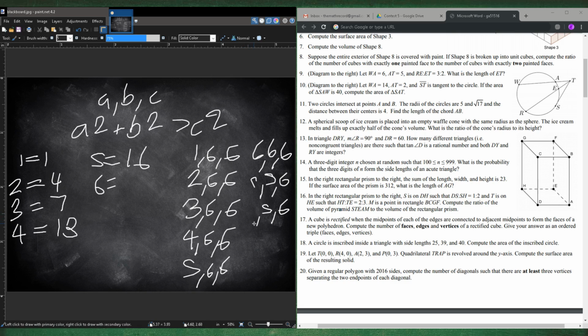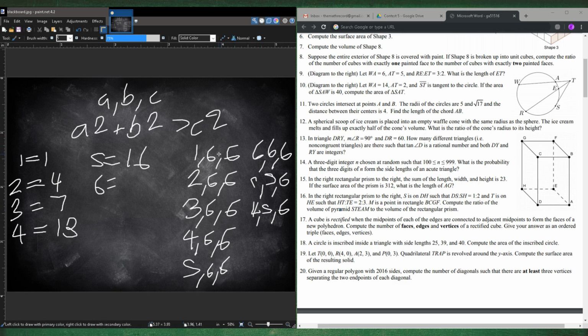That would be 16, and that will be 25, so that's 41. So 4, 5, 6 works. With a 3, that would be 9, and that would be 34, which can't work. If we have a 4, the next highest would be a 4, and 16 plus 16 is 32, so no, it can't work. So this would be the smallest one that can actually start working.